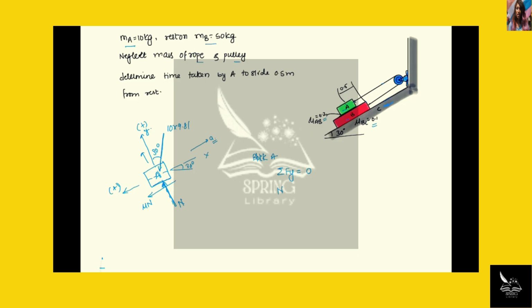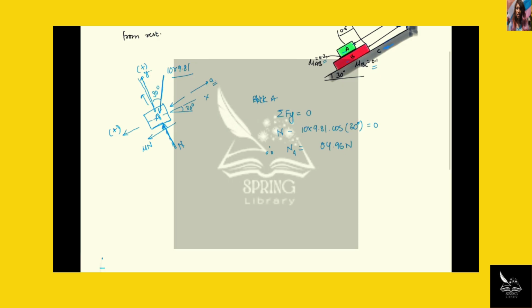On factorizing into two components, we have m_A g cos theta and m_A g sin theta, right? So this becomes N minus 10 into 9.81 cos theta equals 0. On solving this we get N equals 84.96 Newton, and this N is the normal force on body A.